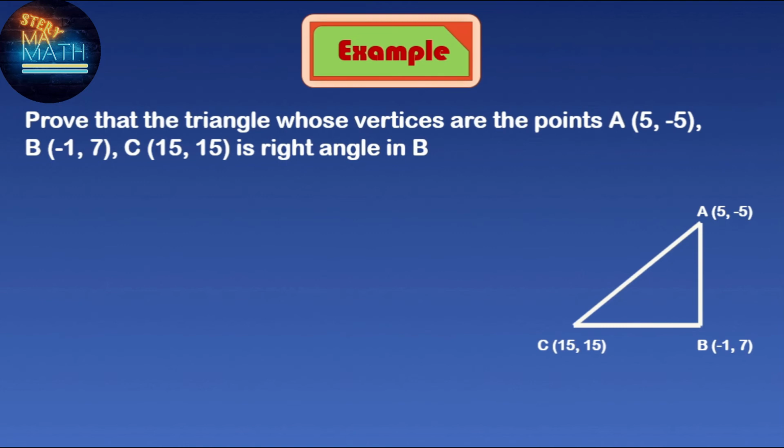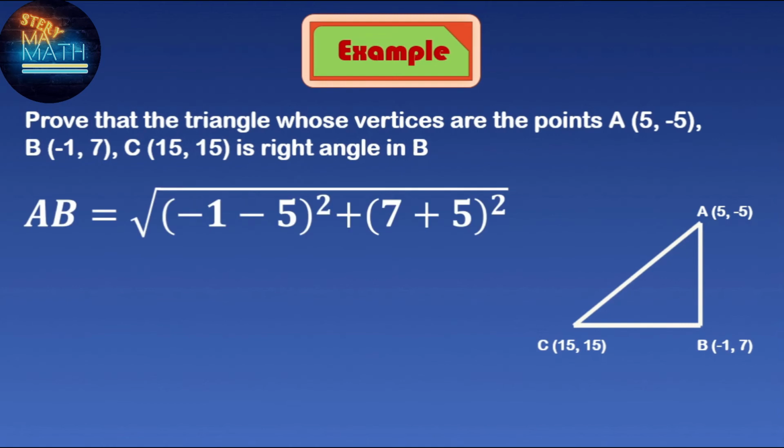And comparing that to the Pythagorean Theorem, which is c squared is equal to a squared plus b squared. And here it will be AC squared is equal to AB squared plus BC squared. So let's get started with the distance of AB. AB, according to the distance formula, is equal to the square root of (negative 1 minus 5) squared plus (7 minus negative 5, which is 7 plus 5) squared.